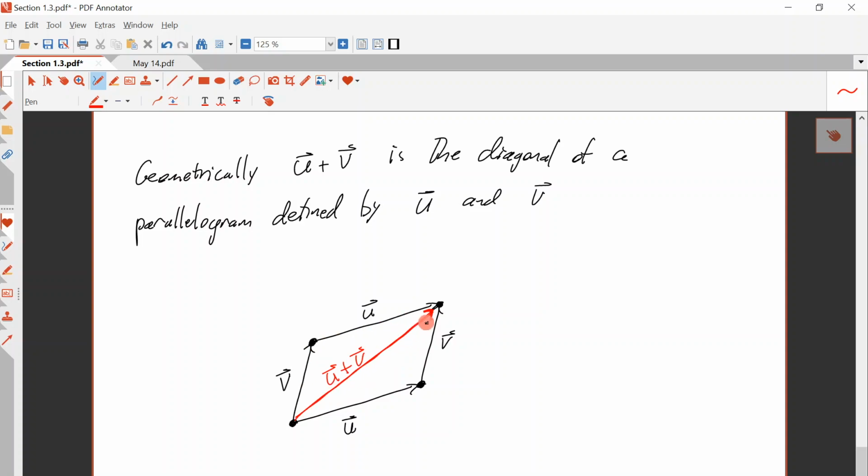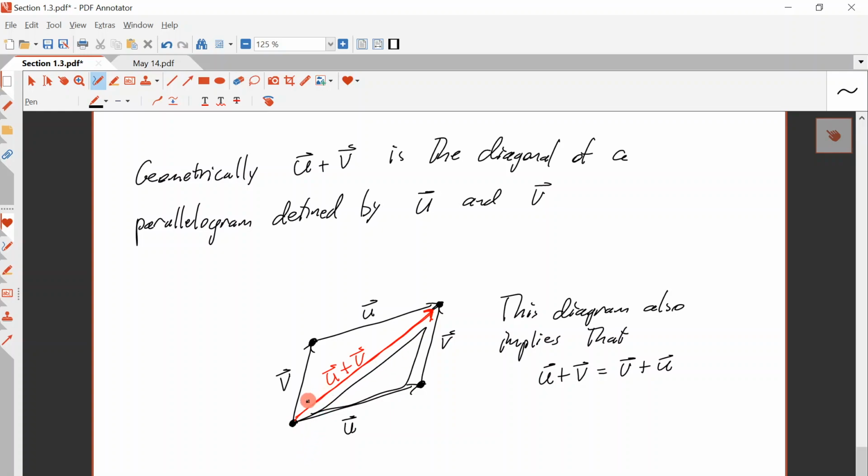So notice from the diagram, this also implies that u plus v is equal to v plus u, because it's either the third side of this triangle or the third side of that triangle. This triangle being u plus v, this triangle being v plus u.